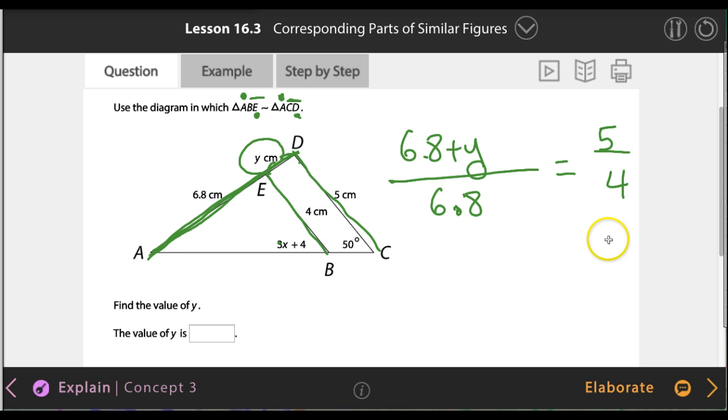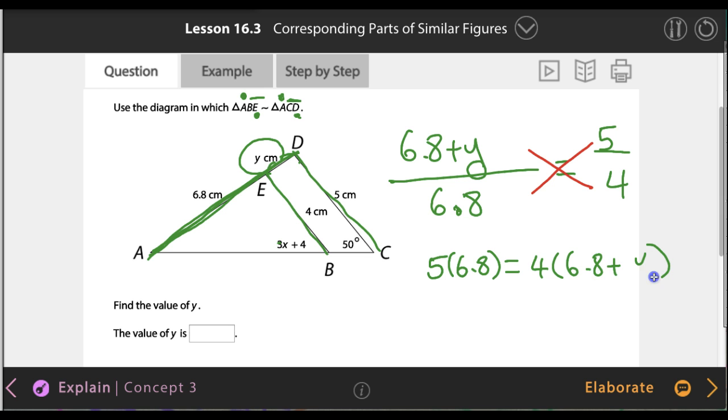Okay, in case you forgot how to calculate this, you have to go ahead and use the cross multiplication method. So you go 5 times 6.8 is equal to what? 4 times everything here. 6.8 plus y. Okay? So then, of course, you're going to need a little bit of a calculator and all that stuff.